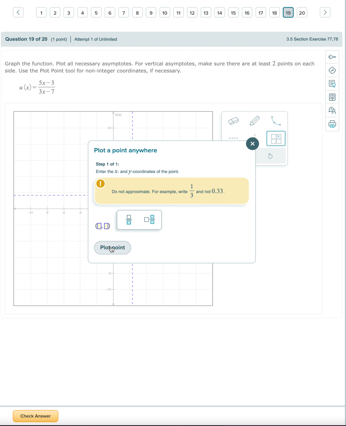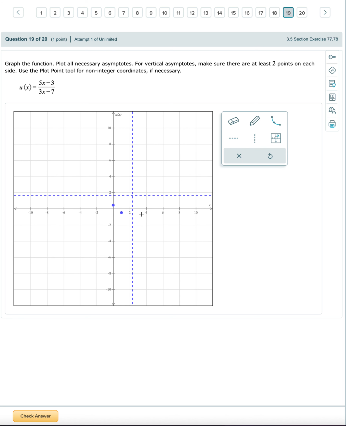And now, without even looking at those, let's go ahead and pick 2 points on this side. So we could choose maybe 3 and 4. Let's choose 3 and 4.